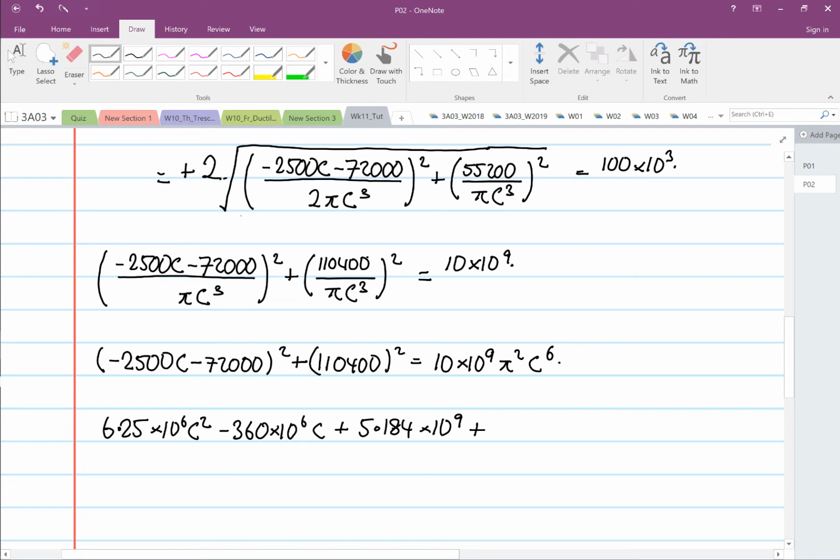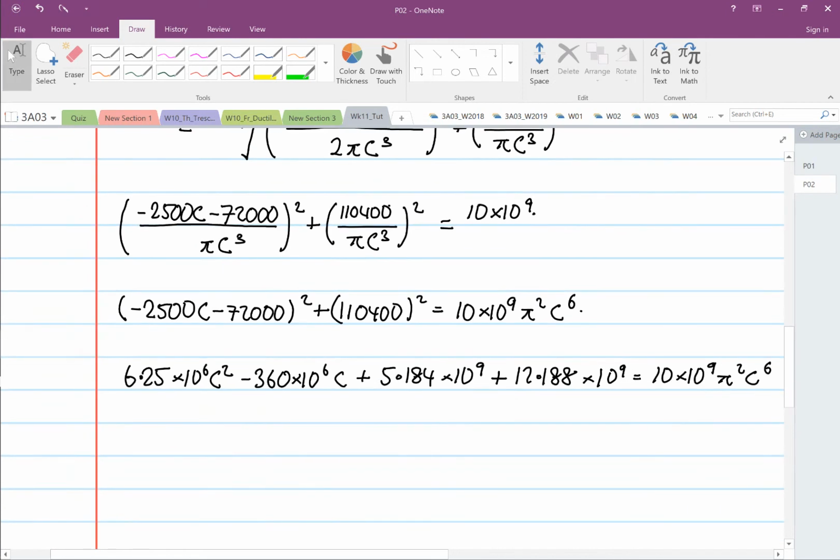Then plus again 12.188 times 10 to the power 9, and this will be equal to 10 times 10 to the power 9 pi squared c6.